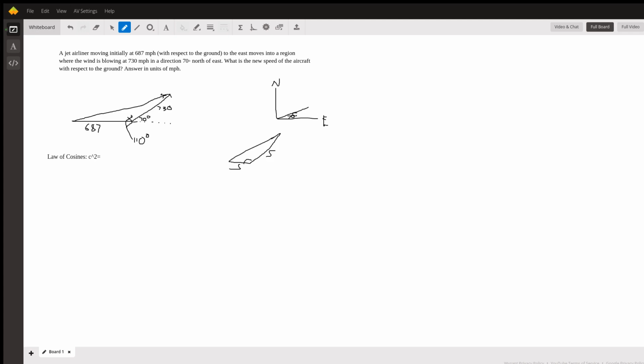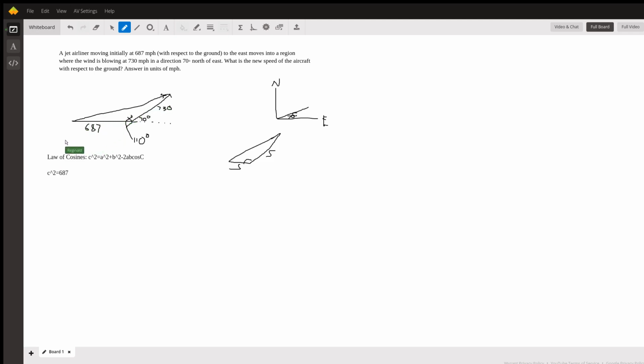Right, it says that c squared is a squared plus b squared, so it starts out as the Pythagorean theorem, minus 2ab times the cosine of C. So it looks like c squared, right? C is the side here that we have to solve for.